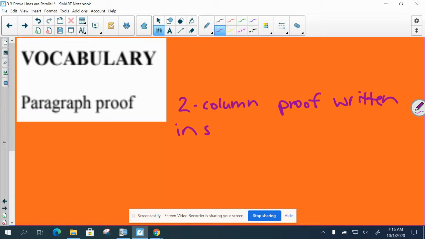You've already done one of these, if you can remember which one it was, where you had to drag and drop different statements and reasons into the paragraph, and you'll see more of them in the future, as well as flow proofs. We'll talk about those later.